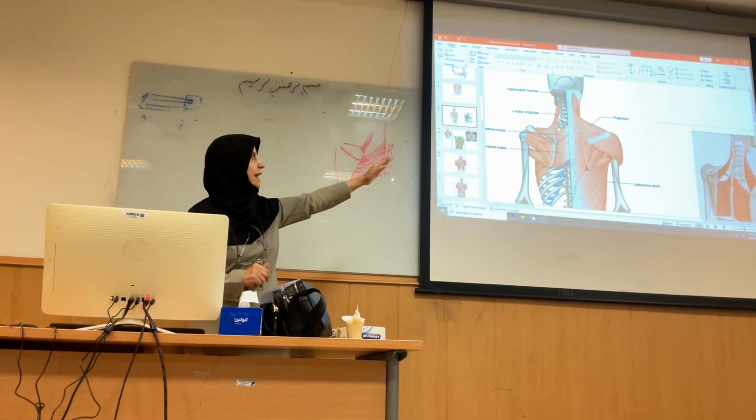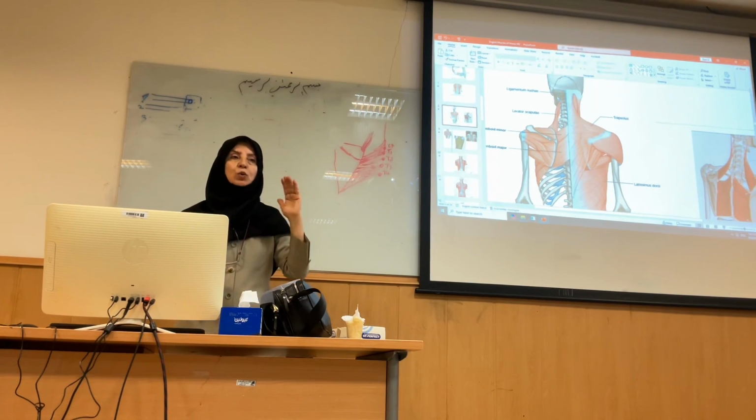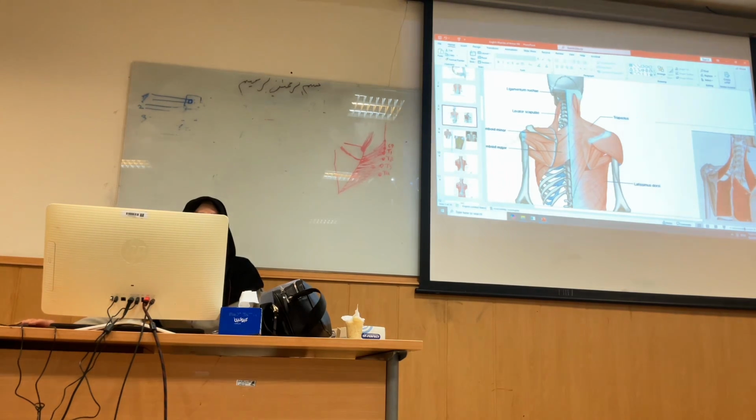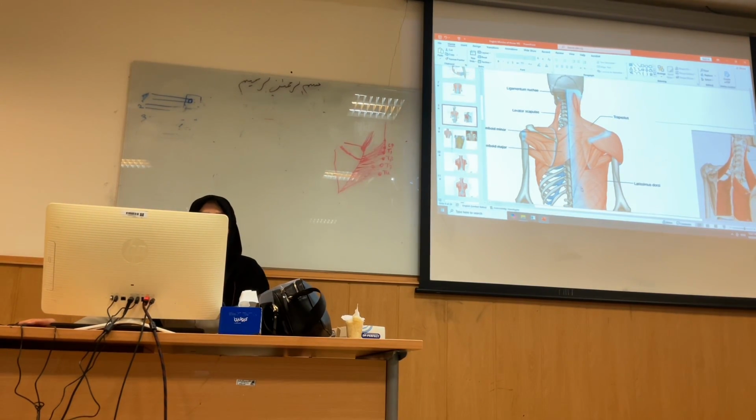Thoracodorsal. What's the innervation of these three muscles? Dorsal scapular. They are different there. Never make a mistake. Dorsal scapular, thoracodorsal.